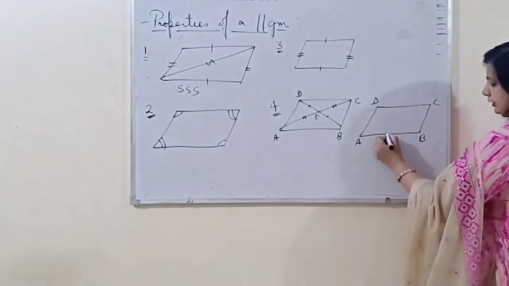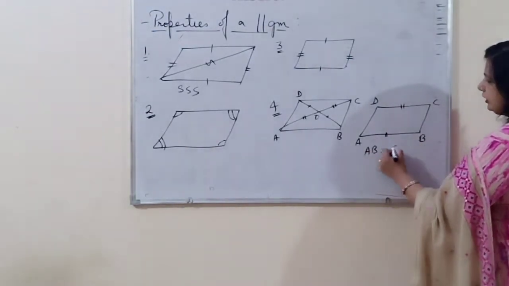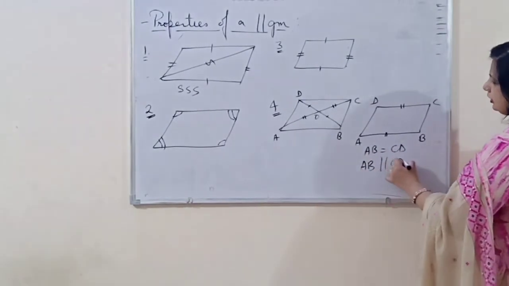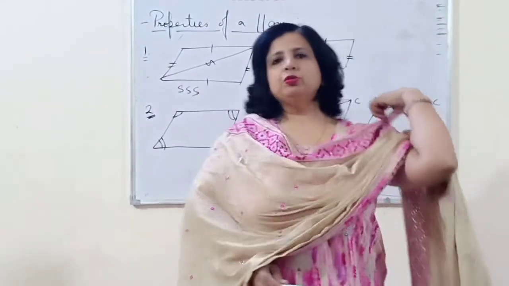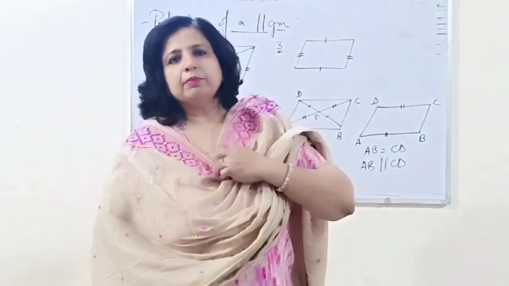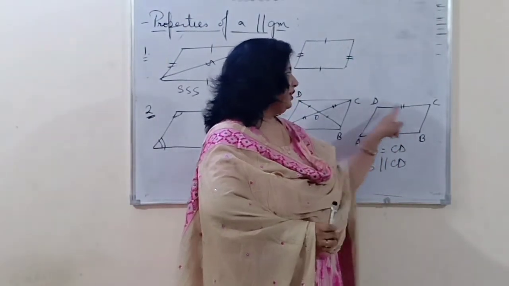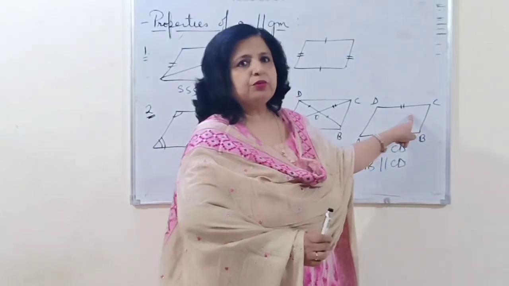Now this side AB is equal to CD as well as AB is parallel to CD. So here ABCD is a parallelogram since AB is equal to CD and AB is parallel to CD.